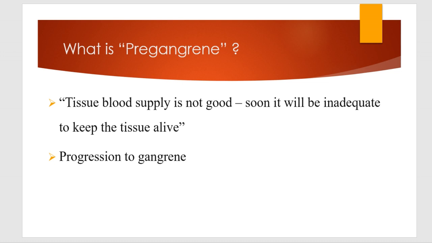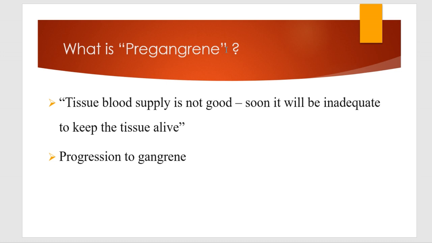Basically, pre-gangrene means if any patient is presenting to us with features suggestive of ischemia, either in the upper limb or in the lower limb or at another site in the human body. This pre-gangrene stage means at present the blood supply is maintaining the tissue alive, but soon it will be inadequate and the tissue will proceed towards a gangrene stage.